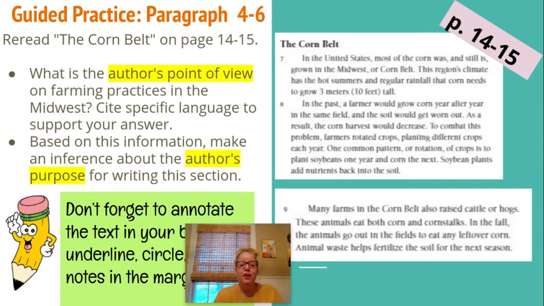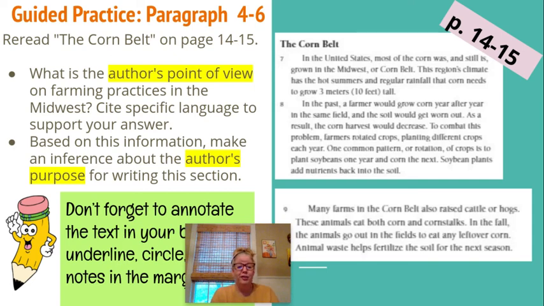So I think the author gives us some scientific facts, right? I think the author's point of view is that farmers have developed ways to improve the process of growing corn to get a better harvest.